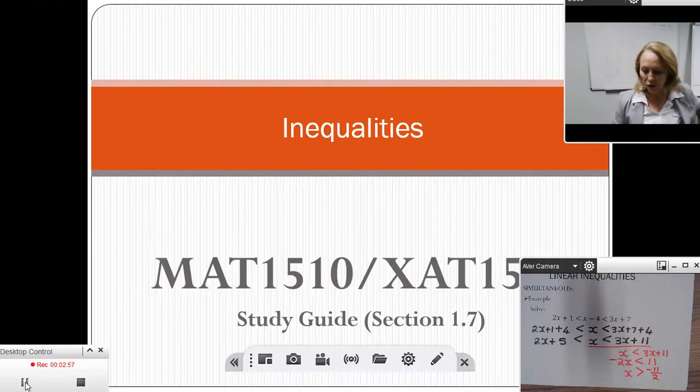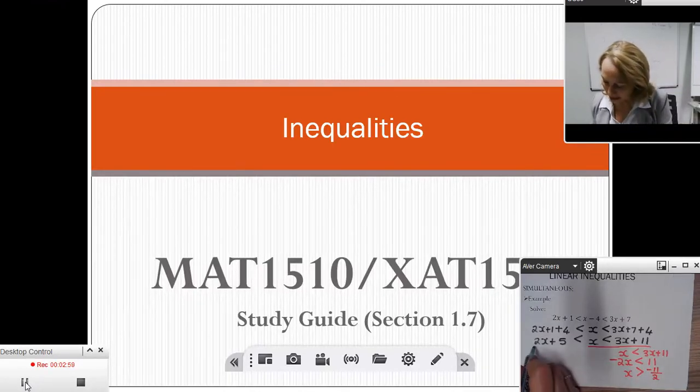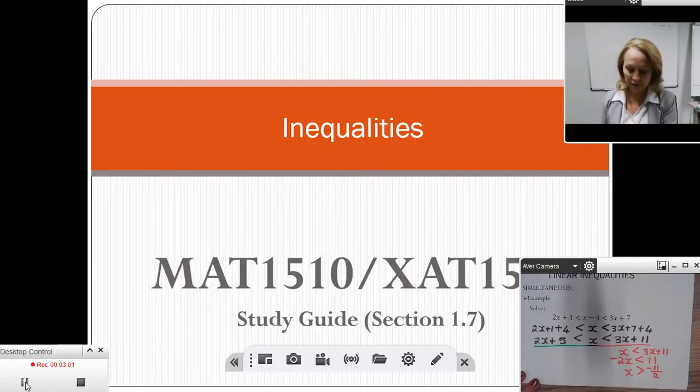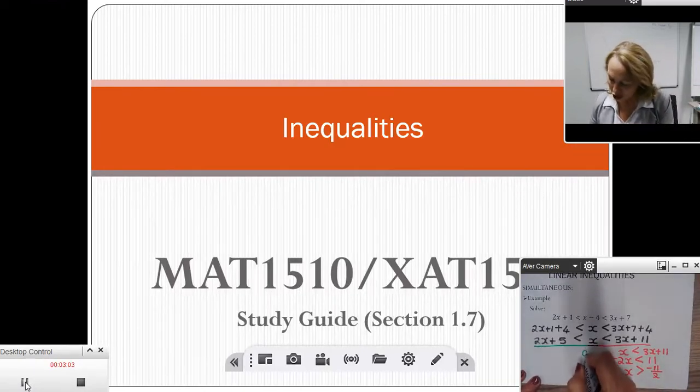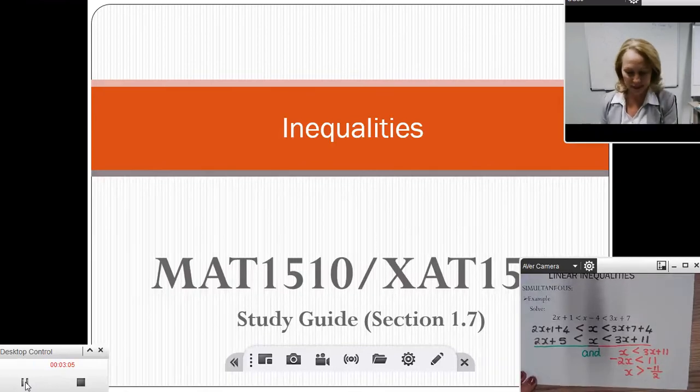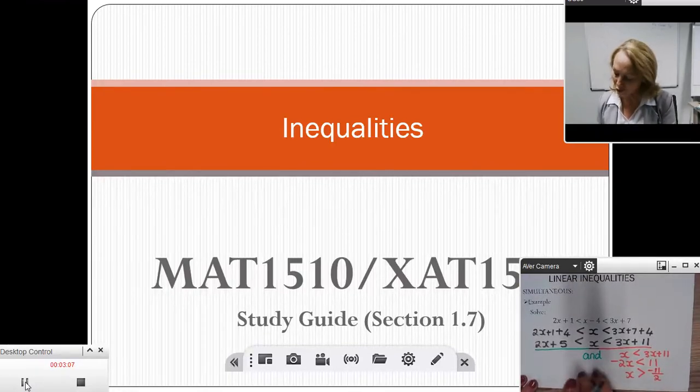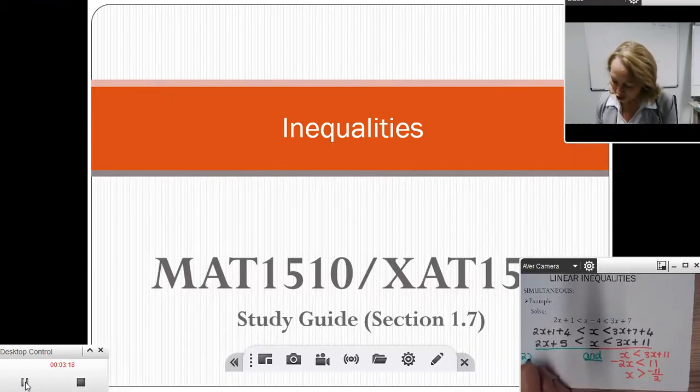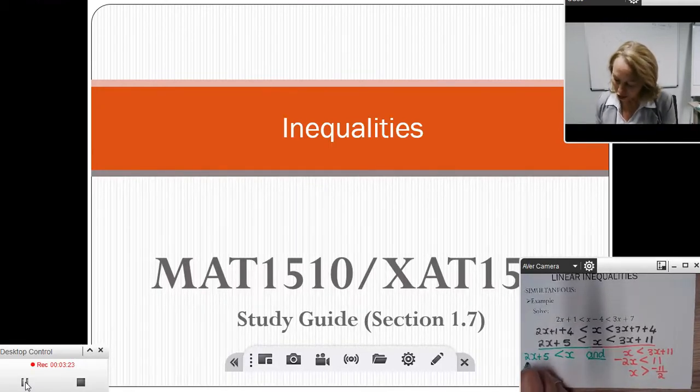Now let's have a look at the other inequality, which is 2x plus 5 less than x. So this is a simultaneous linear inequality. Therefore, I have to get the solution that solves these two inequalities simultaneously. That means I use the word and. So it's 2x plus 5 less than x. 2x minus x is less than minus 5.